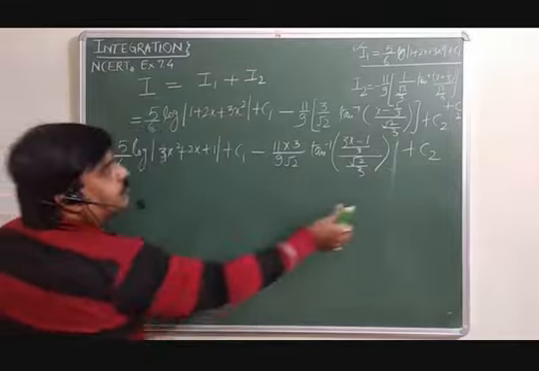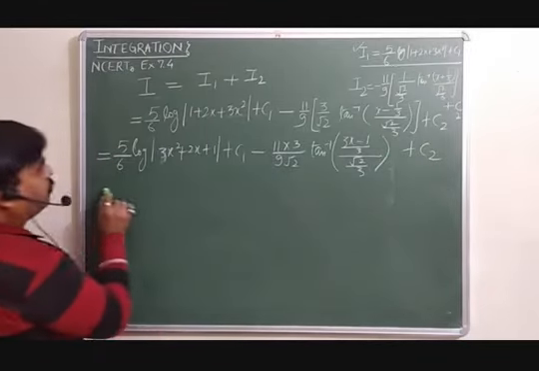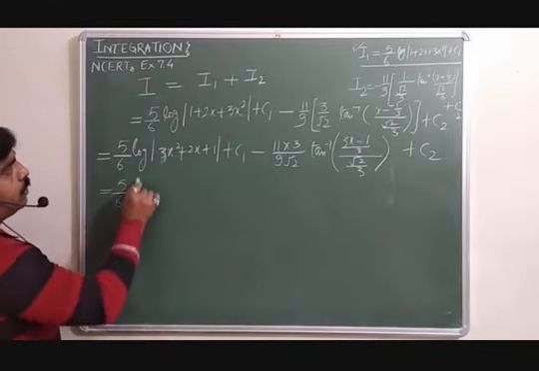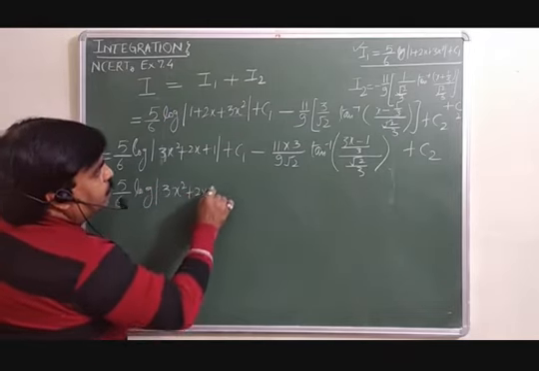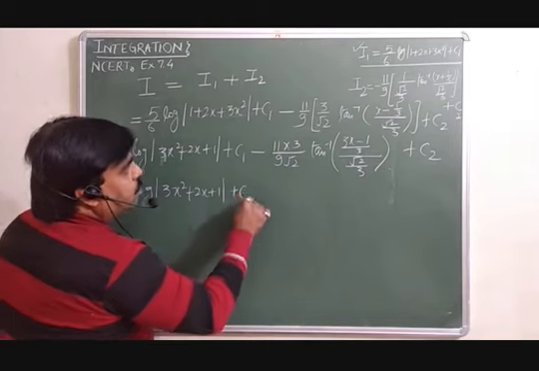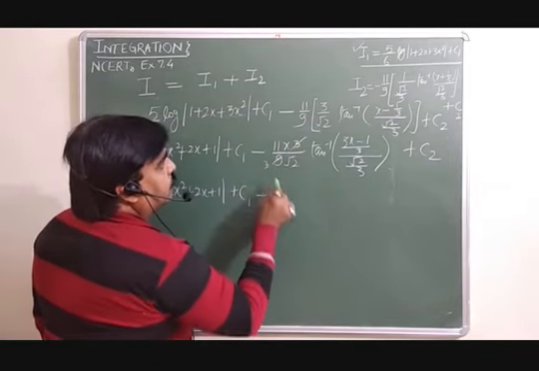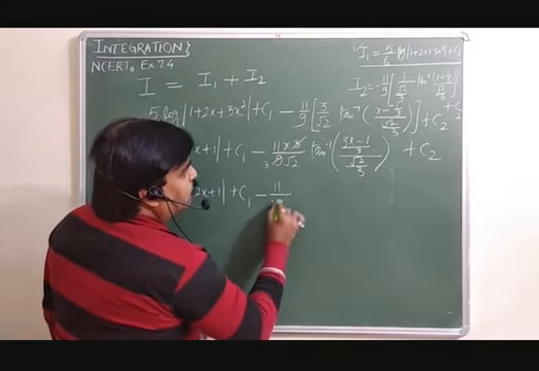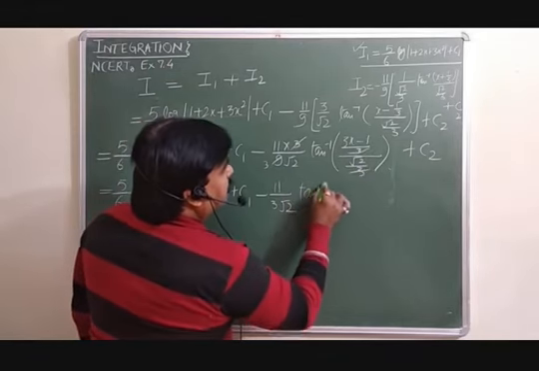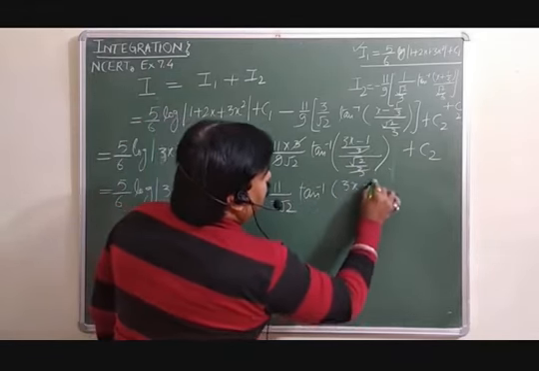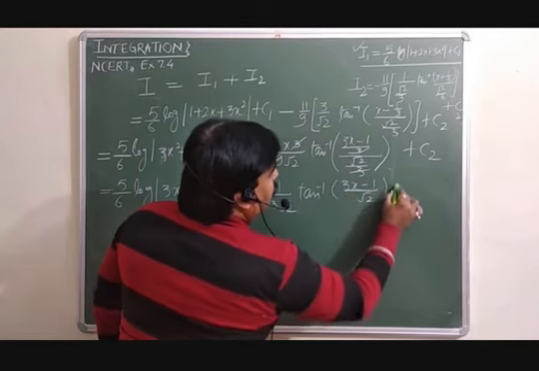So this is equal to 5/6 log(3x² + 2x + 1) plus c1 minus, 3 threes are 9, so this is 11/(3√2), and this 3 and 3 you can cancel. So this is tan inverse of (3x + 1)/√2 plus c2.